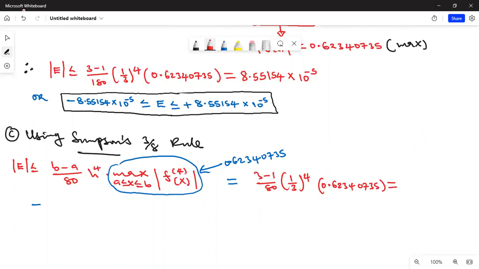So this one, when you press it in your calculator, you need to get 1.924097 times 10 raised to negative 4.